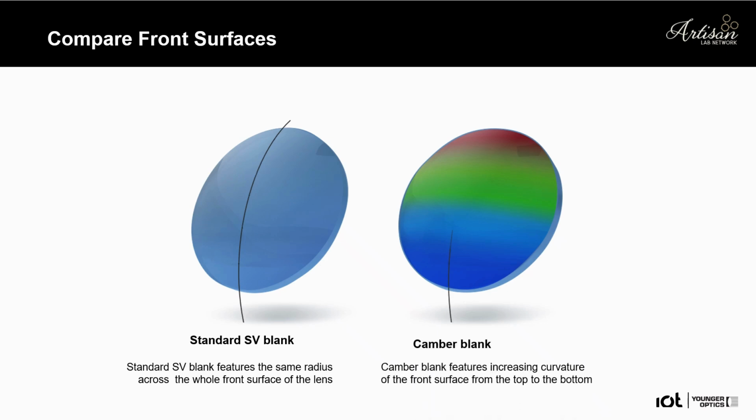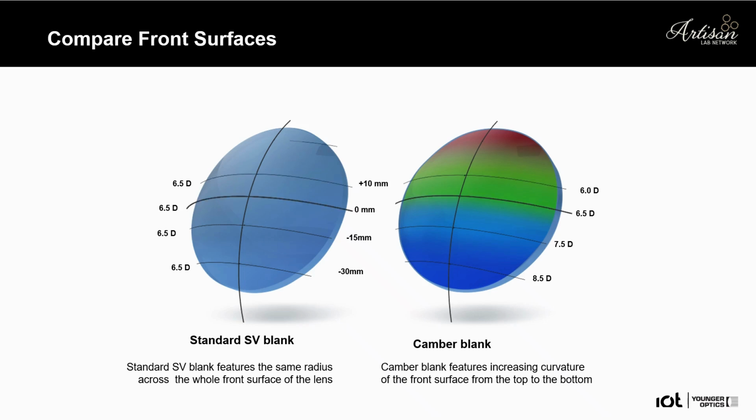You can also see that on the standard single vision lens blank on the left, let's just say, for example, a plus 6.5 diopter base curve was perfect for that middle range of the lens, so the spherical lens blank would have a 6.5 diopter curve throughout the entire surface.